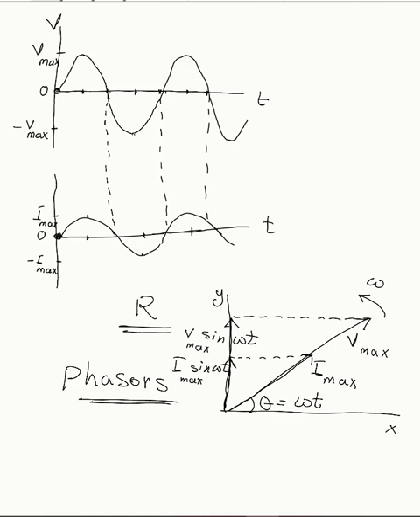So I can say that the voltage phasor for a resistor points in the same direction as the current phasor. Now again, we are going to see other cases in which the voltage phasor and the current phasor don't point in the same direction. They have a lag, so there is a phase difference between them.